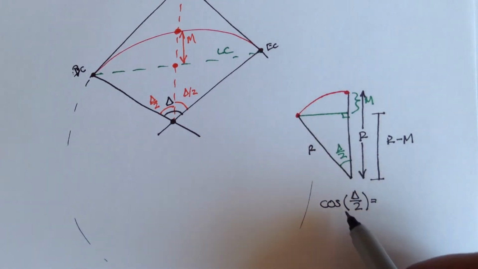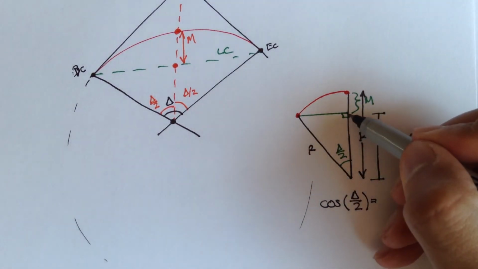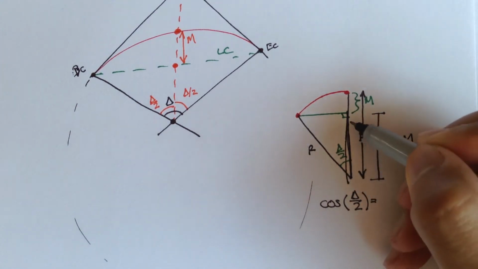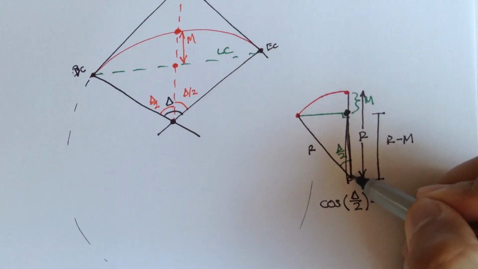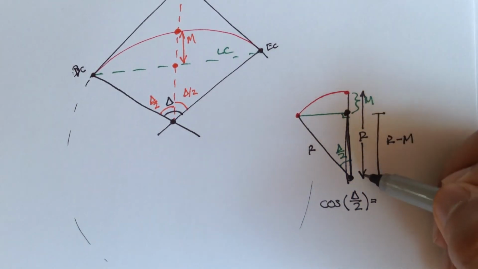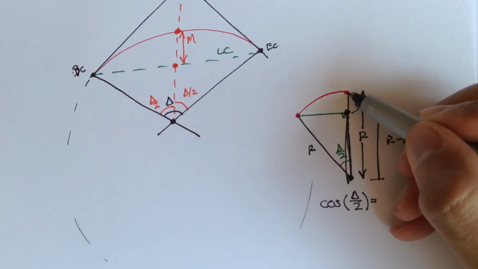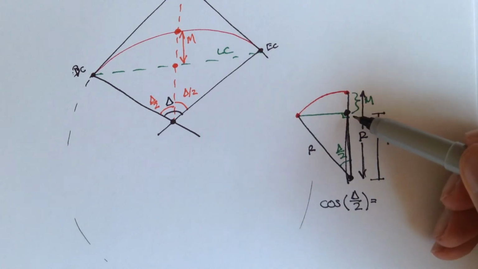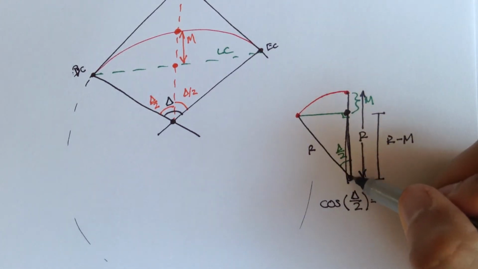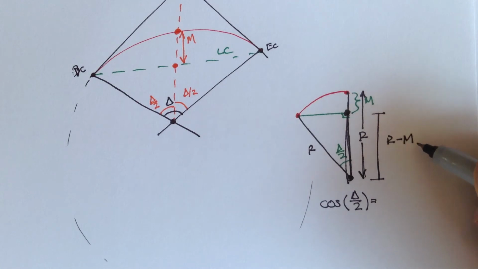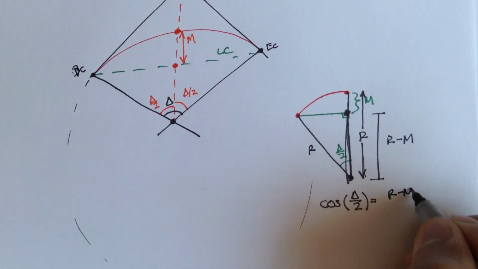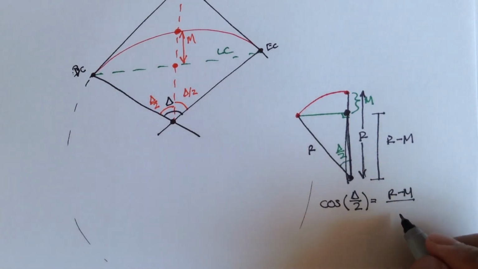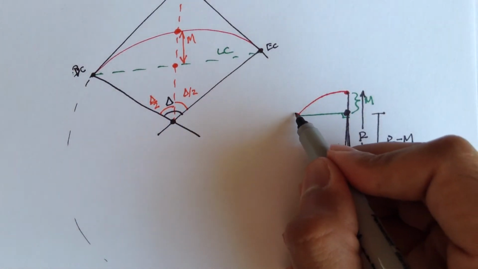The adjacent side is from here to here. If we know the distance from the origin all the way up to the curve is R, and the middle ordinate is this little distance, then from here to here is R minus M, and that's the adjacent side. And the hypotenuse is R. Remember, we're doing this for this triangle right here.